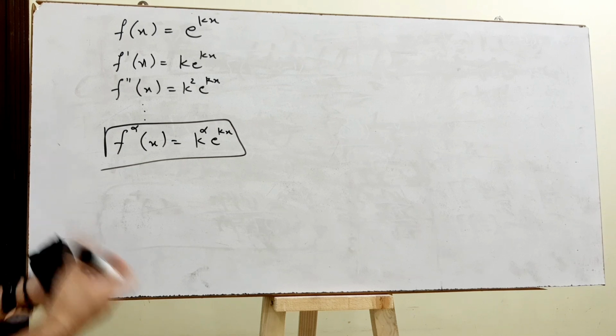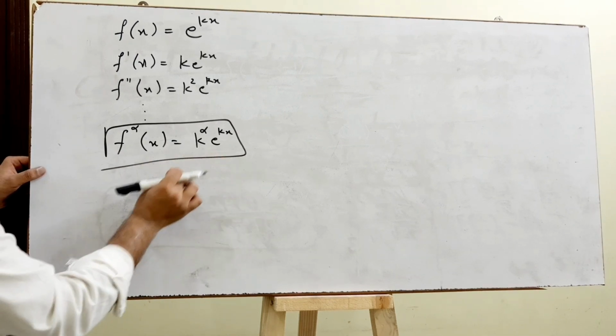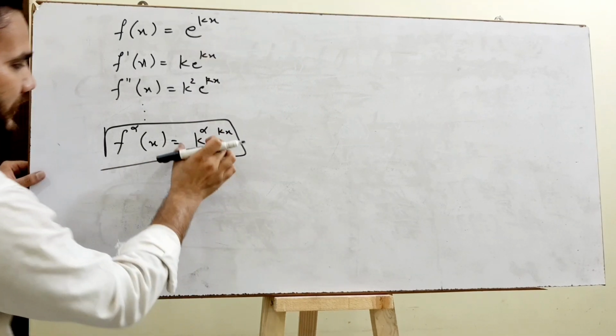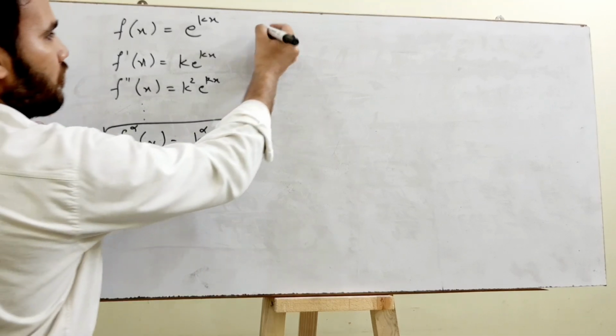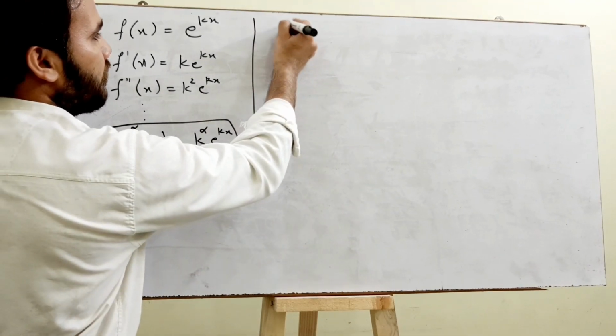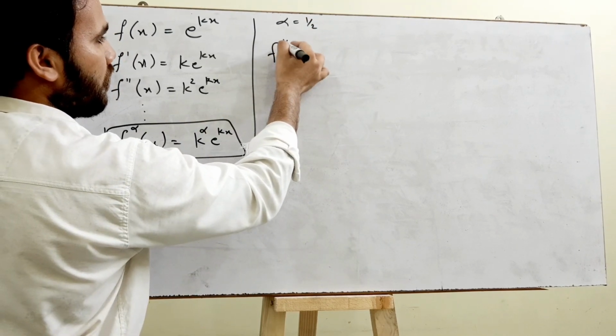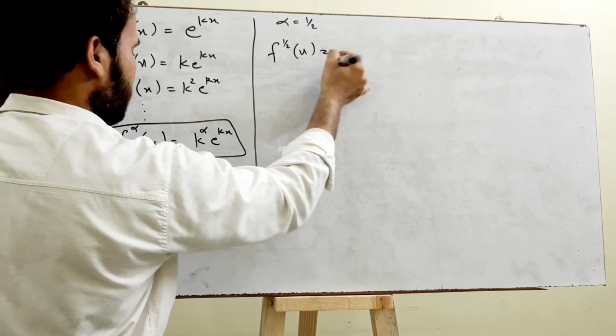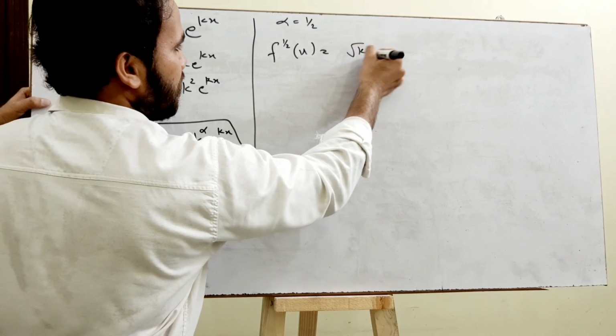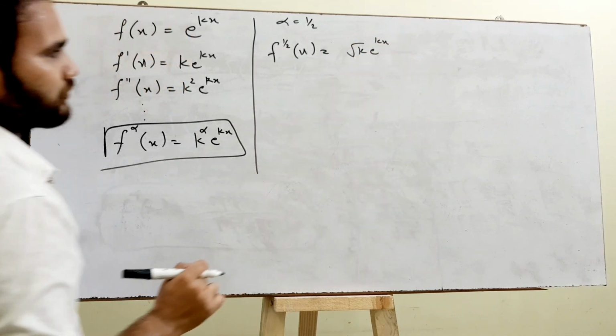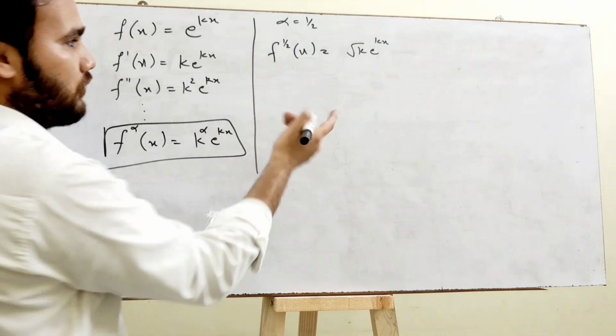So we can find the half derivative of this function by using this definition. Let's say alpha equals 1/2, then the half derivative of this function will be radical k e^(kx).